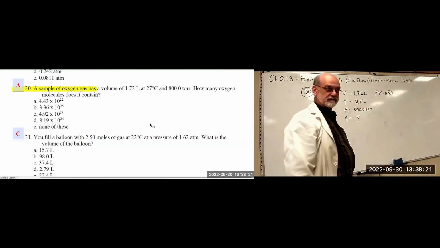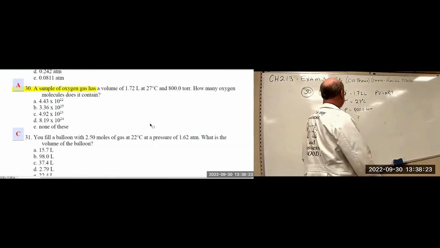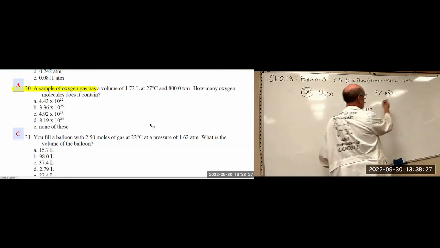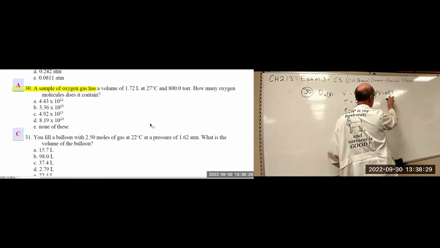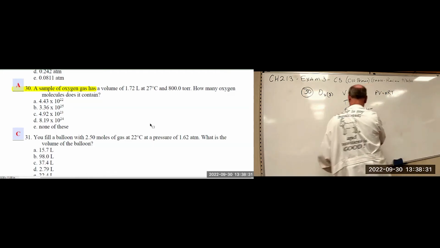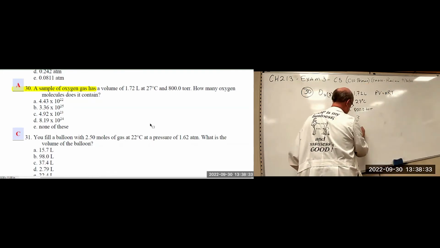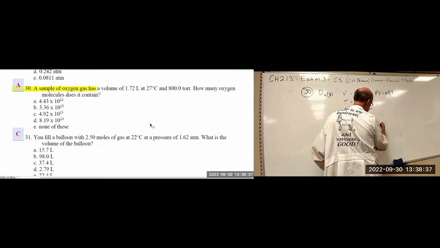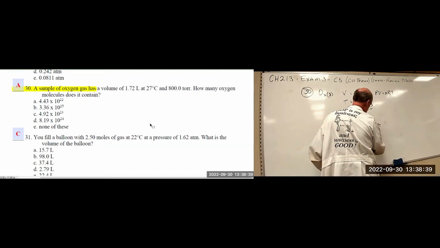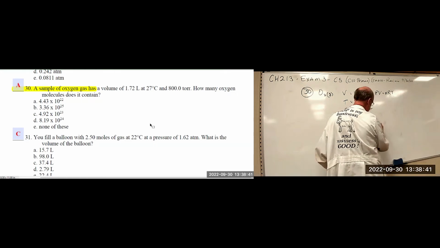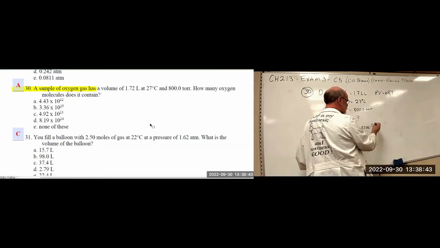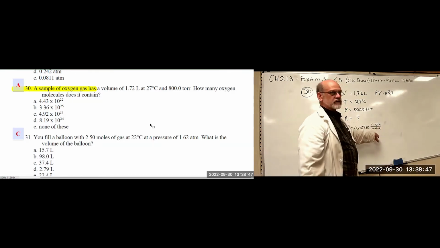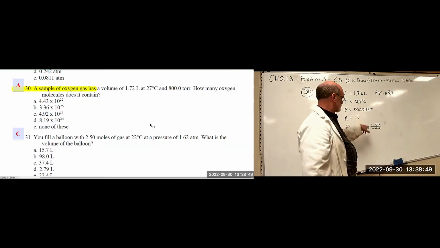Ideal gas equation, right? So this needs to be converted. The units of measure here for R are liter atmospheres per mole K. That tells you the units of measure for each of the factors.